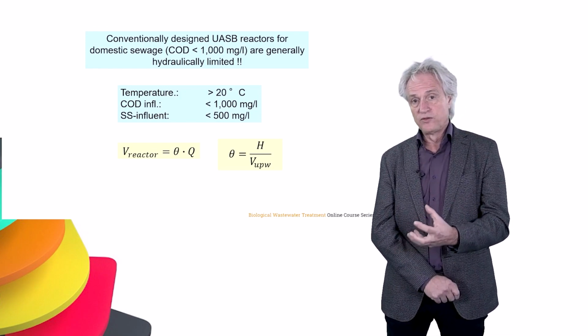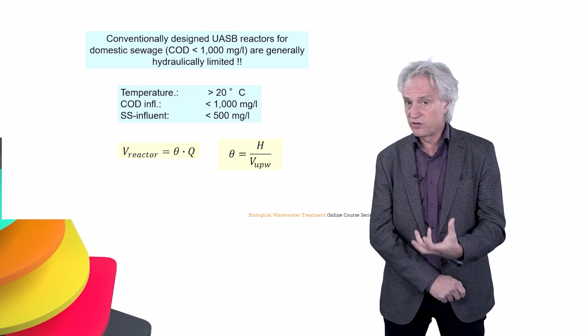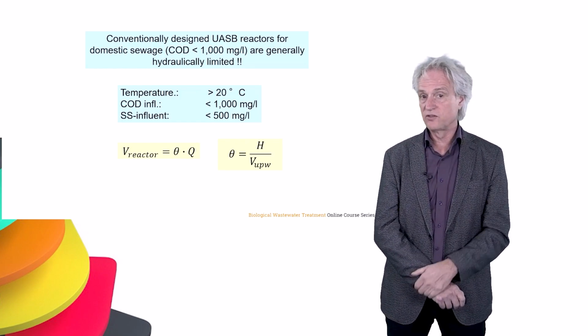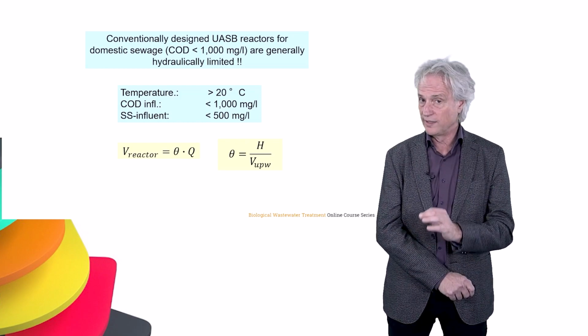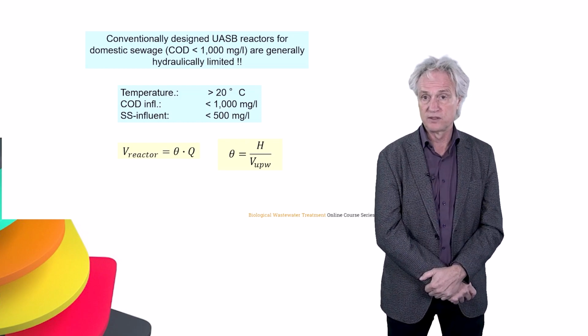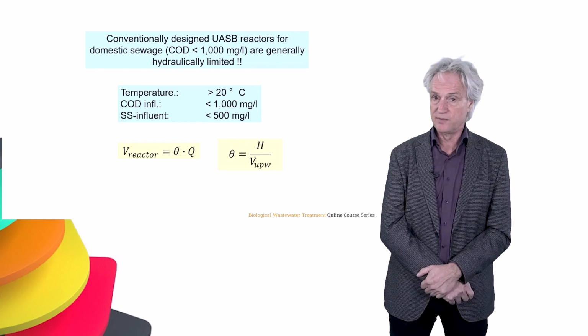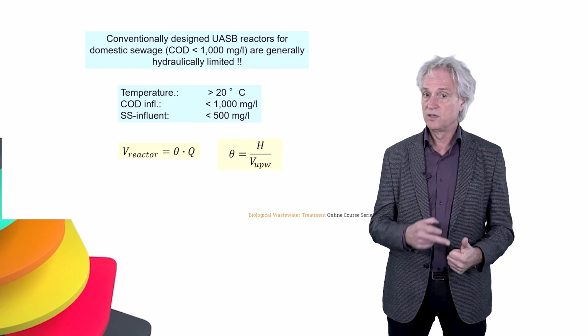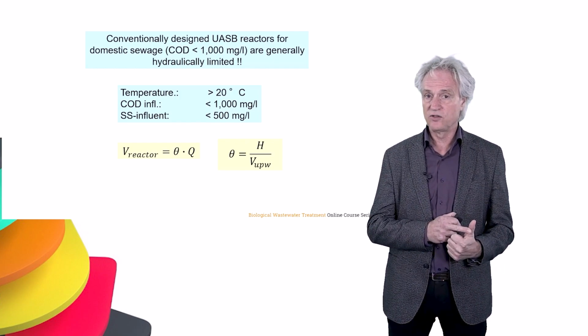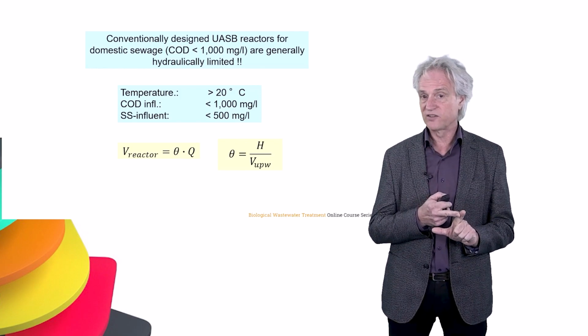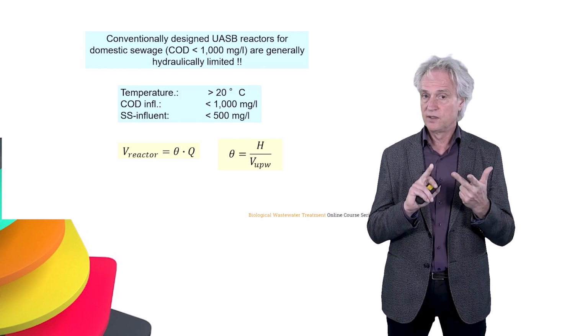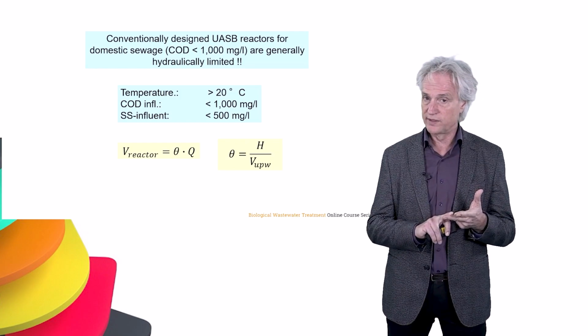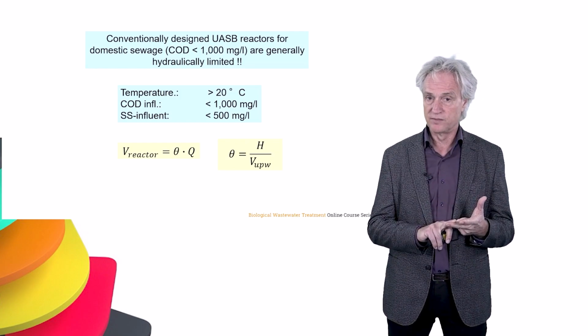It is important to understand that conventionally designed USB reactors for domestic, municipal sewage with a COD less than 1000 milligram per liter are generally hydraulically limited. The conditions are: temperature higher than 20 degrees Celsius, COD of the influent less than 1000 milligram per liter, and suspended solids in the influent less than 500 milligram per liter.